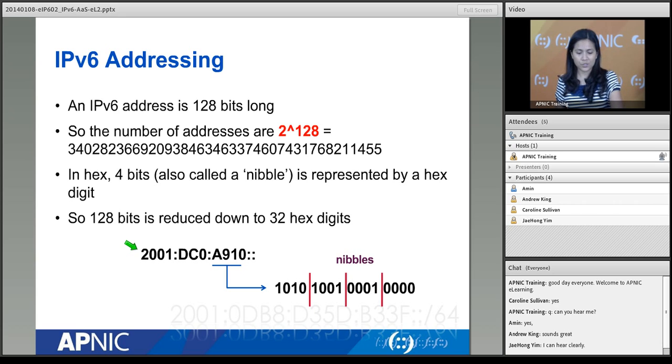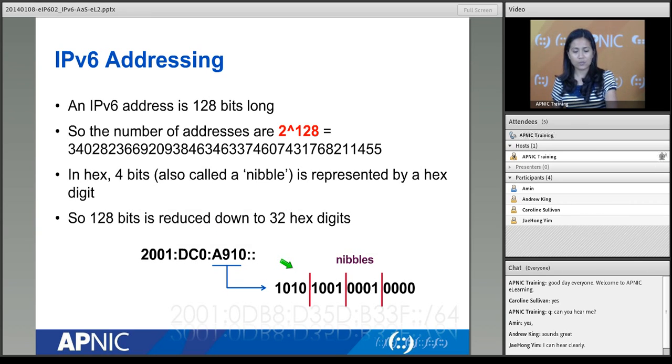So just to clarify the nibble thing that I've mentioned, this is one field in an IPv6 address, so A910, that's one field that is equivalent to 16 bits. So if you convert that one, it will be something like this.